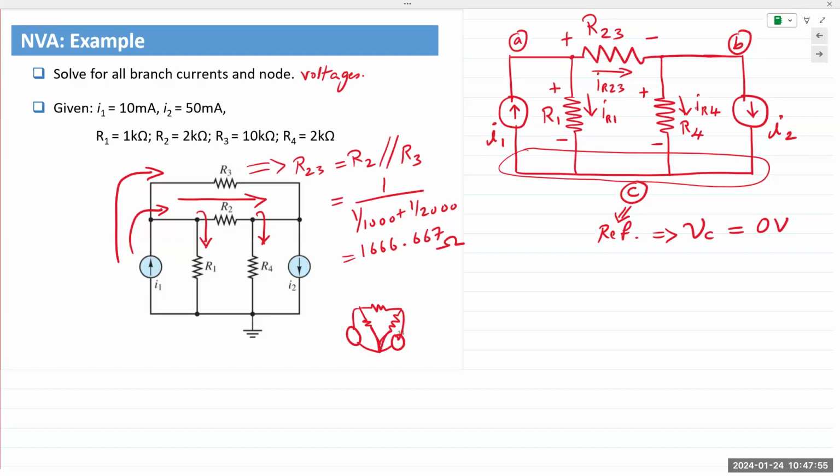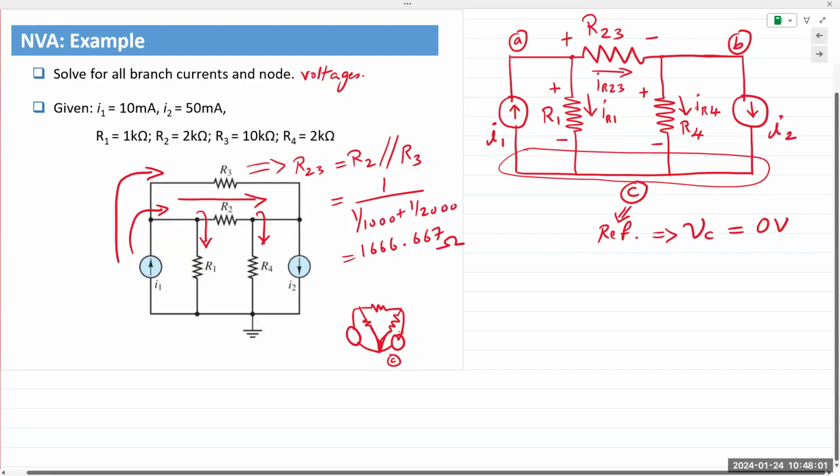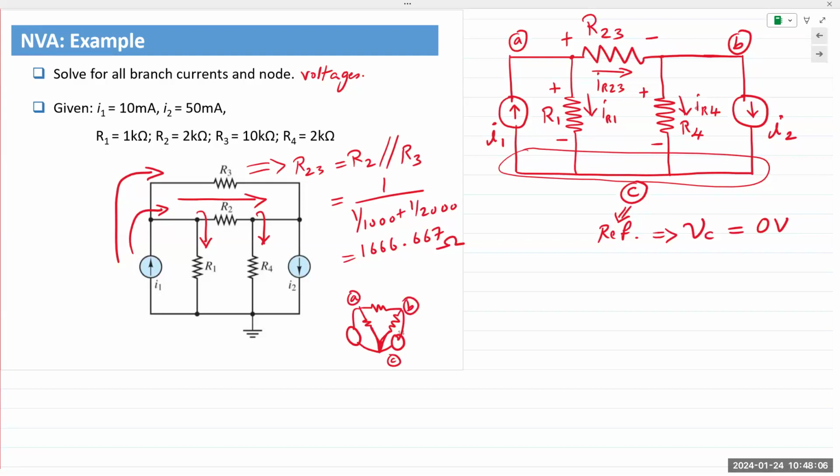So all of these converge right here. That's the bottom node C. It just got messy. This is A and this is B. So even though the circuit schematic is drawn differently, the entire connection is just wires. As long as there are wires connected to it, the entire thing is a node, a junction.